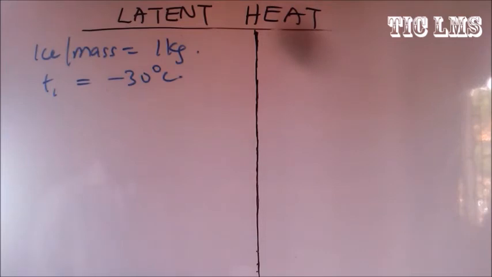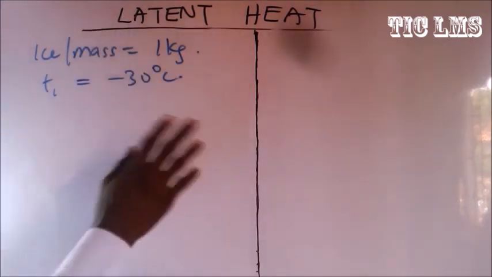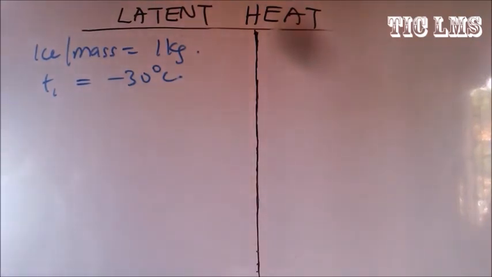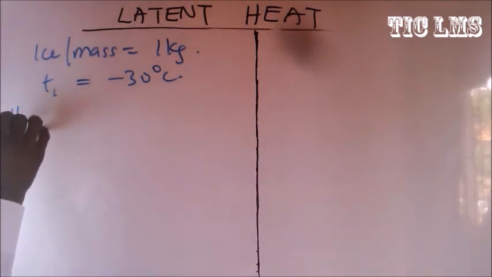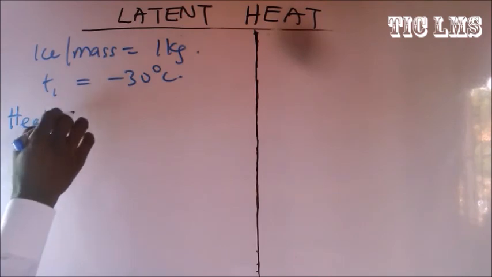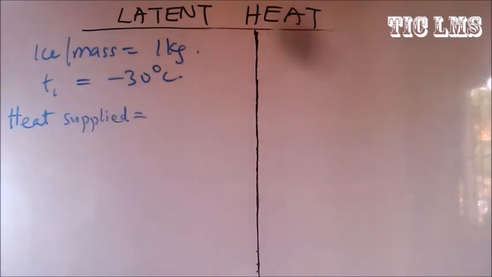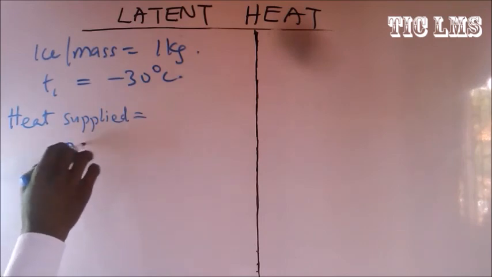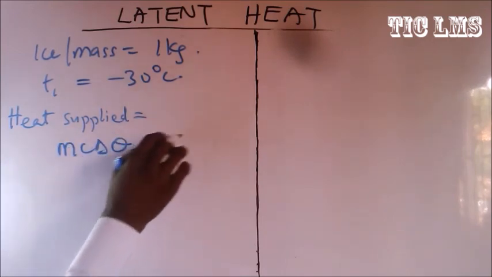That means we are going to increase the temperature from minus 30 of ice into 0 degrees Celsius of ice, and then we will now melt it from 0 degrees Celsius of ice into 0 degrees Celsius of water. So the total heat that will be supplied will be used for the entire process, that is MC change in temperature plus ML.